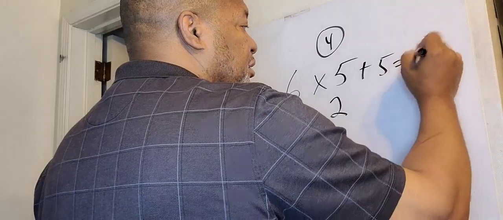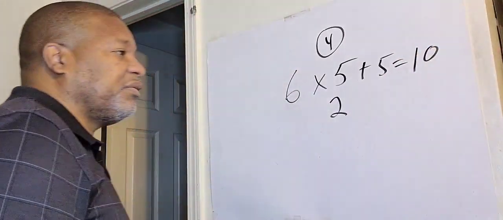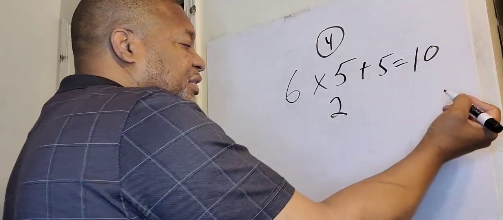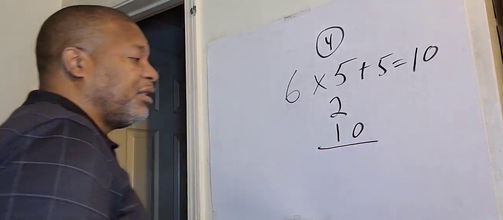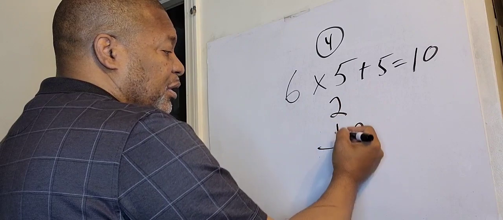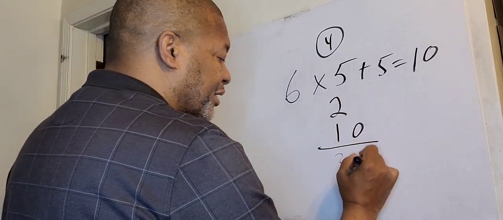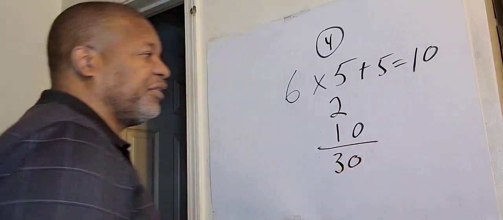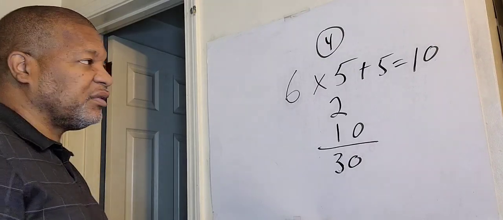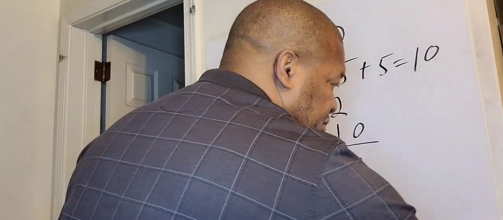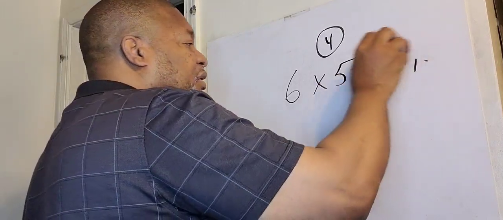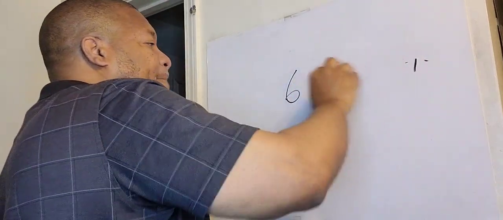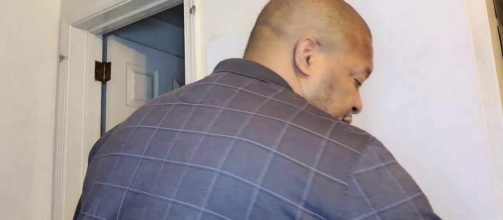Okay, so now what you do is you can just write down a 10 underneath it for practice, and then add it up. 2 and 1 is 3, and 0. So it's 30. That's how it works. Okay? Very simple. And again, we're writing this stuff down, but our goal is to be able to do this mentally. We have to figure out how it works.